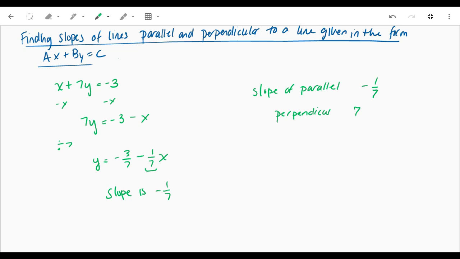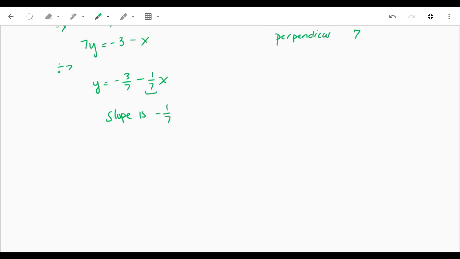Next one, identifying parallel and perpendicular lines from equations.